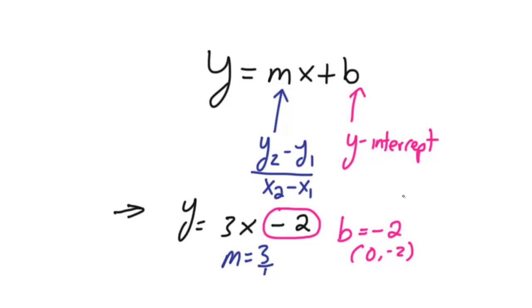Alright, so if the equation is written in slope-intercept form, let's take a look at the example that we did before. y is equal to 3x minus 2. We can use this to graph the line on this coordinate plane here. So we start off with the y-intercept. It's negative 2, so you're going to go down 2 units on the y-axis to negative 2.